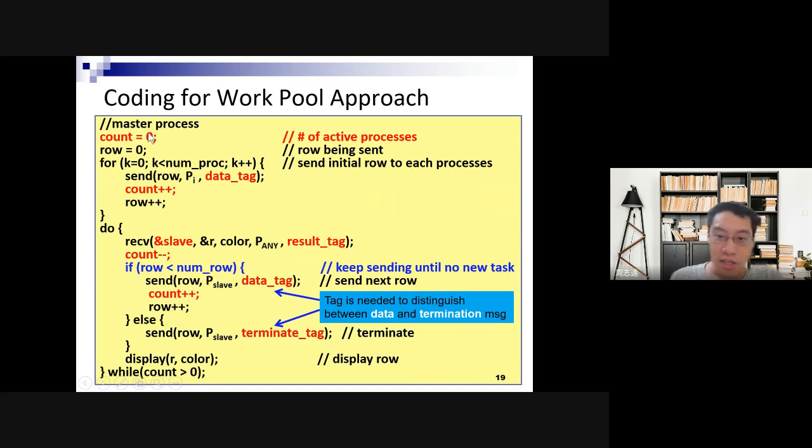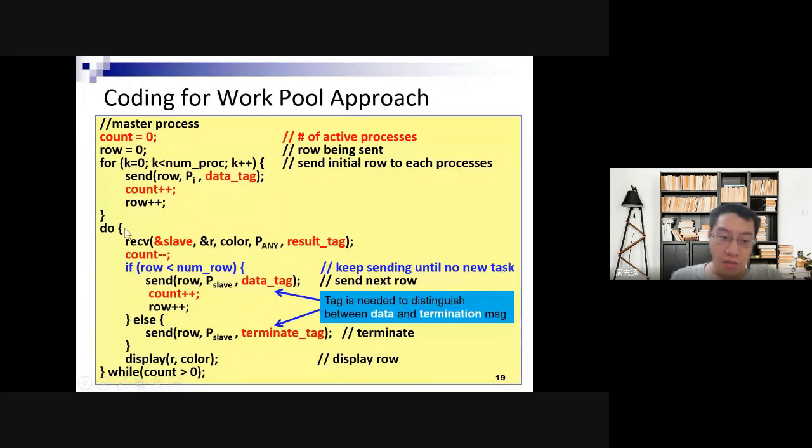So count represents the number of active processes. As you can see over here, whenever we send out a task, count will plus one. Whenever we receive a result, count will minus one, right? So the master needs to keep waiting for the result from the slave, right? Until the count number is equal to 0.